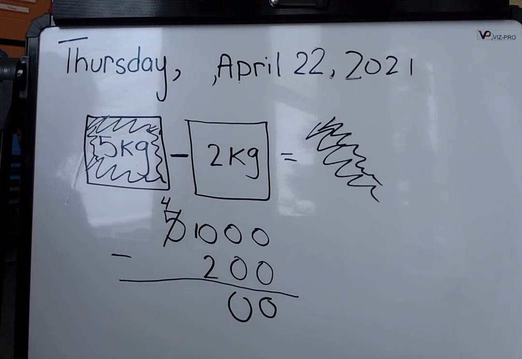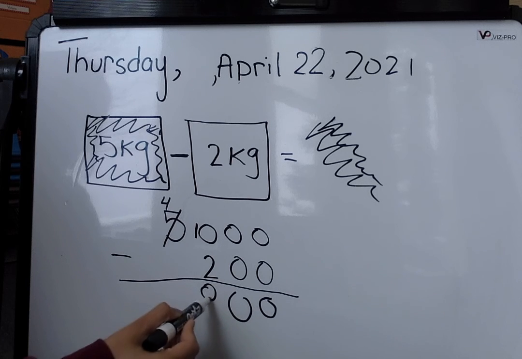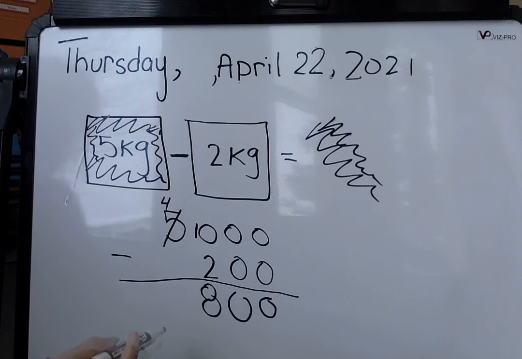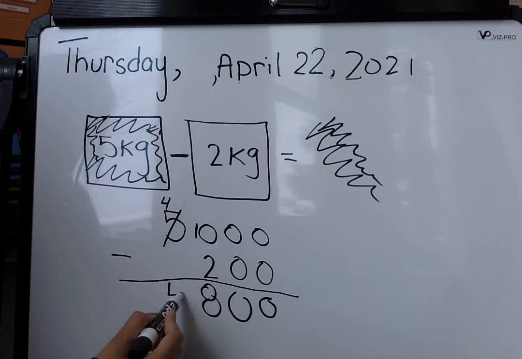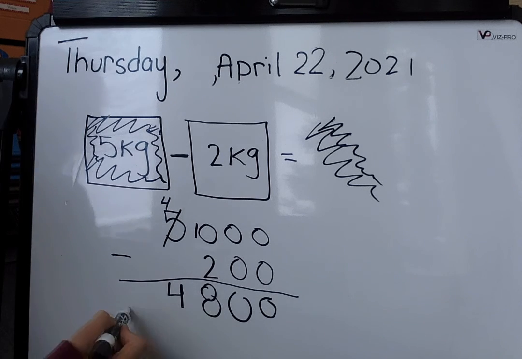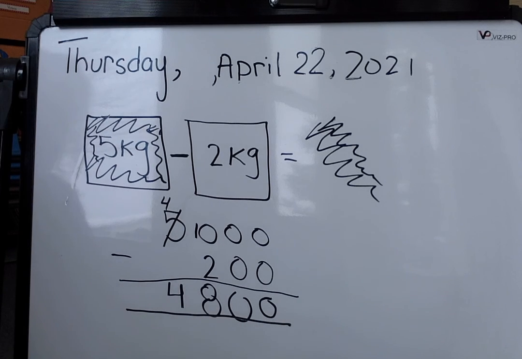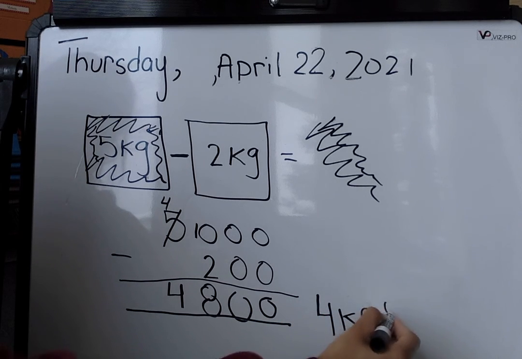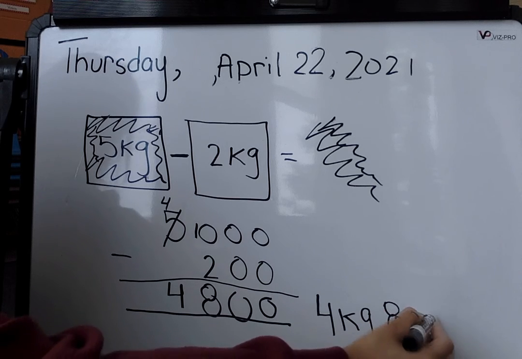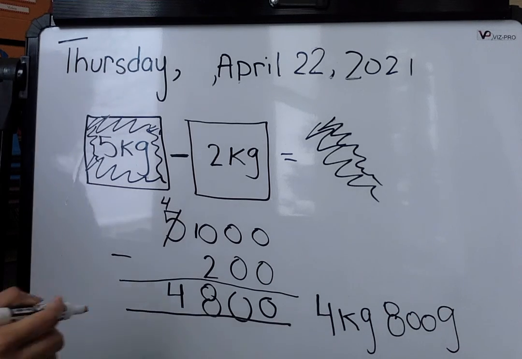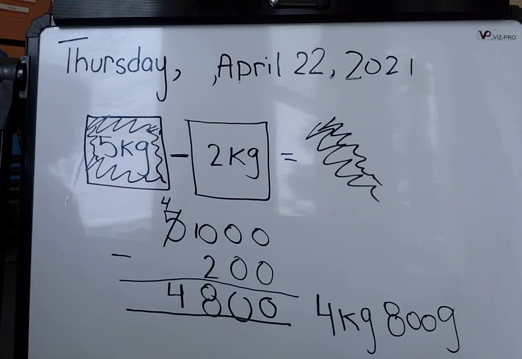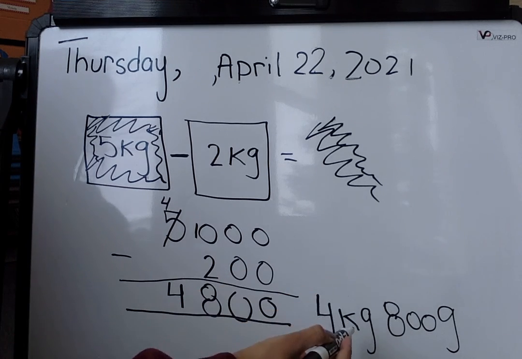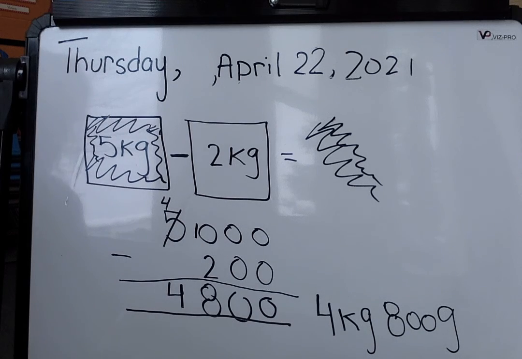I have 10 here, 10 take away 2 leaves me with 8, and I have 4 here. So that means the weight of the sand is 4 kg and 800 grams. Right? So remember to write your sentence. The sand weighs 4 kg and 800 grams.